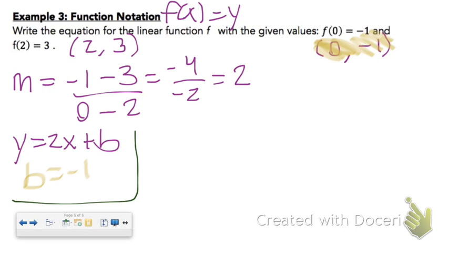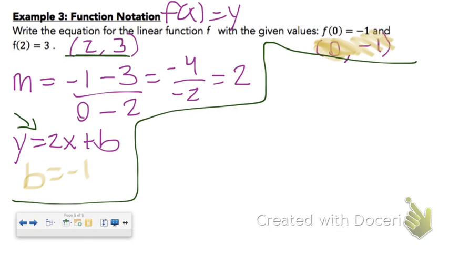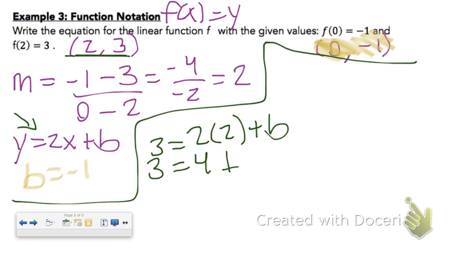But if you didn't recognize that, then let's see what happens if you're just trying to solve for b. So again, I'm going to plug into this equation. I'm going to use this point right here. So 3 equals 2 times 2 plus b. And now I just solve for b. -1 equals b.